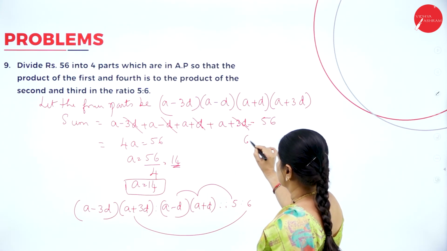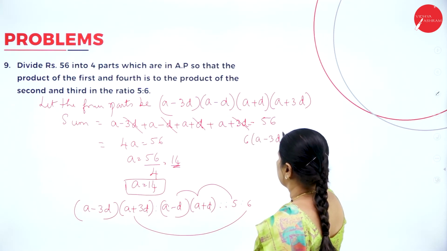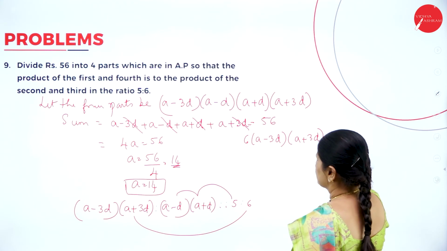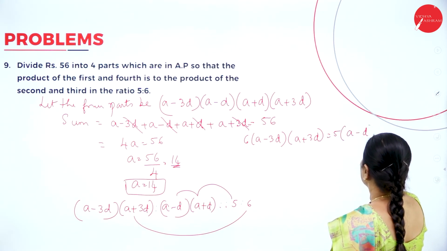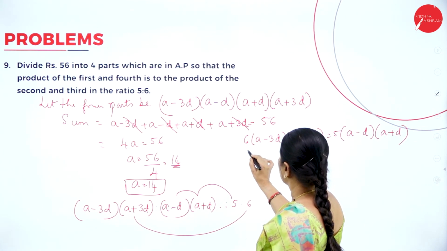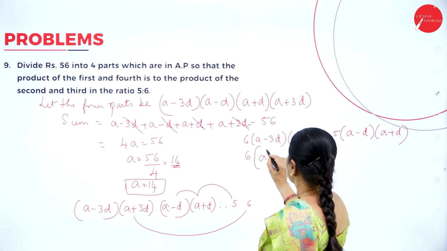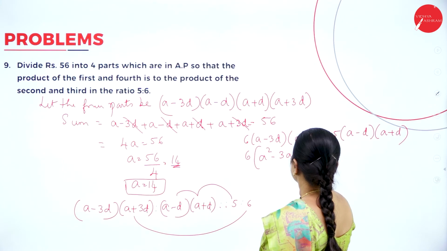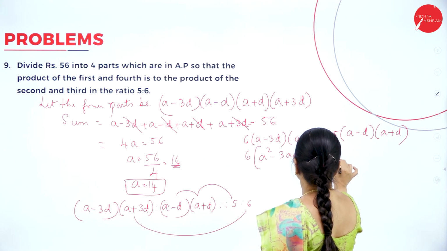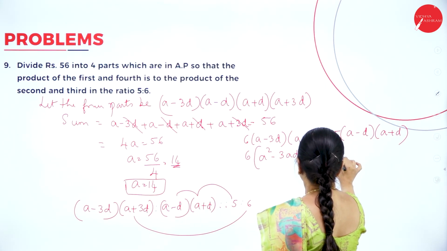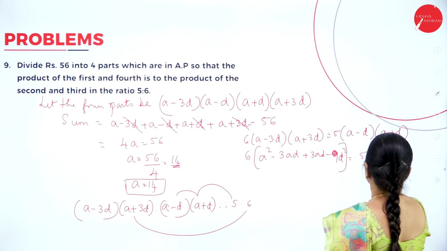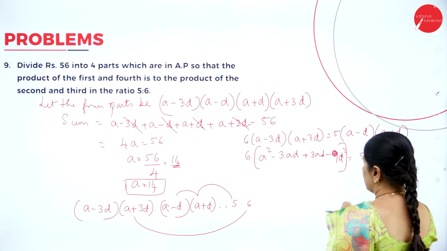So, I get 6 into A minus 3D into A plus 3D equals 5 into A minus D into A plus D. So, this will be equal to 6 into A square minus 3AD plus 3AD minus 3 3s are 9, minus 9D square, equals 5 into A square minus D square.